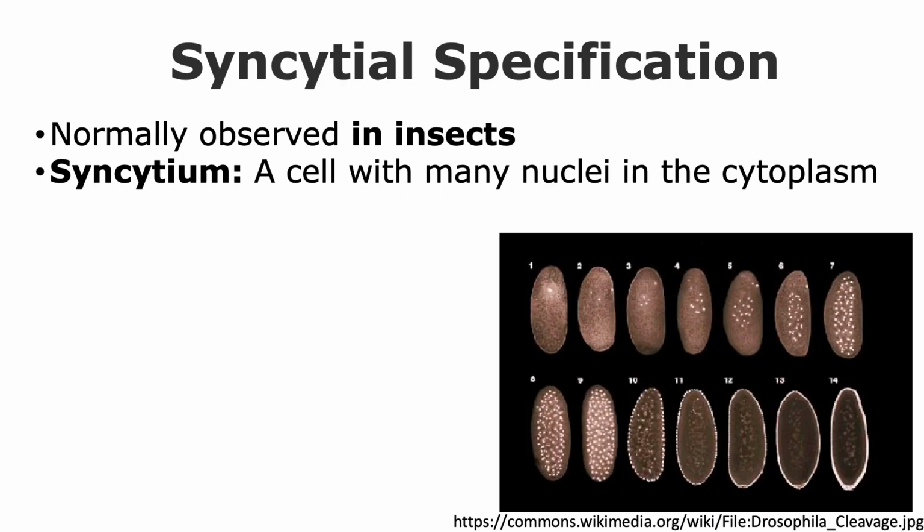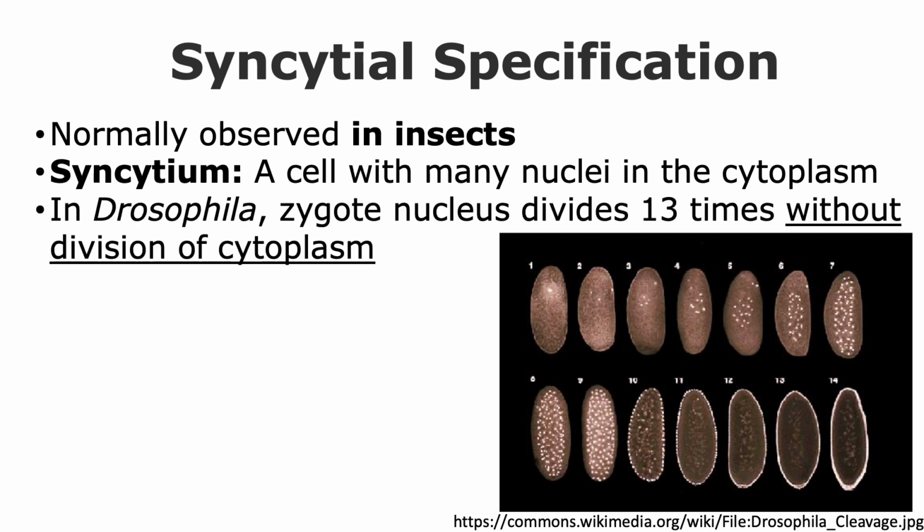The final type of specification we're going to learn about is syncytial specification, which is normally observed in insects. A syncytium is a cell that has many nuclei in the cytoplasm. In the case of insects like Drosophila, the zygote nucleus undergoes 13 rounds of cell division. However, the cytoplasm does not undergo division.